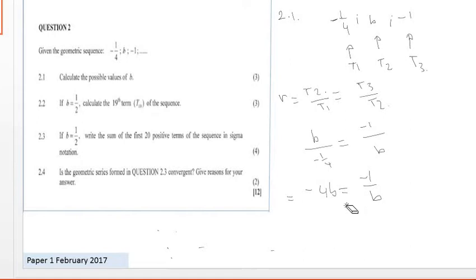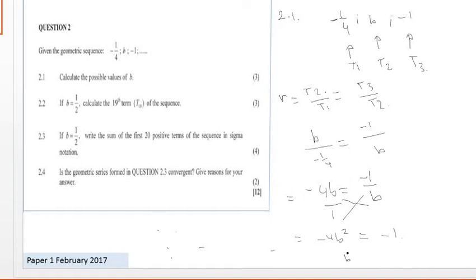So now we still need to determine the value of b. Here we have negative 4b over 1 equal to negative 1 over b. So now we can apply the cross multiplication. If we cross multiply here, we are going to have negative 4b squared, and then we say equal to negative 1.